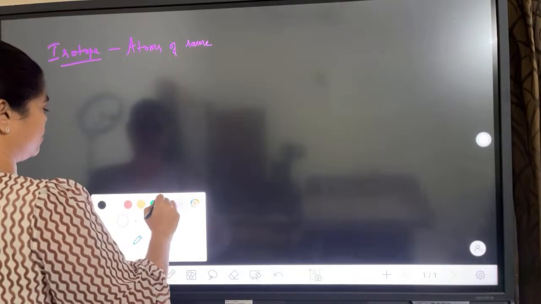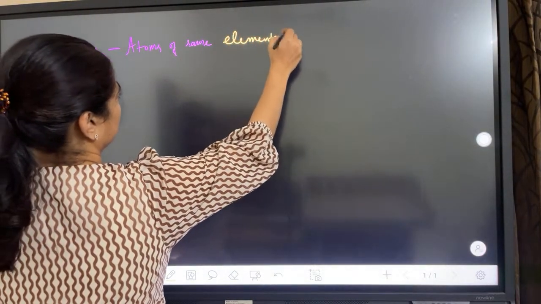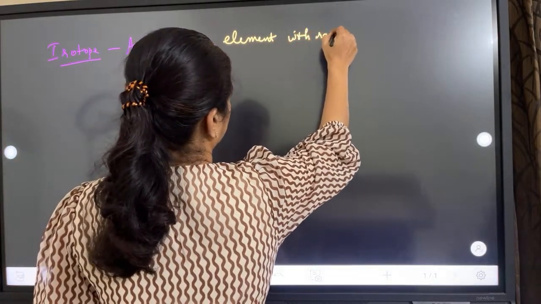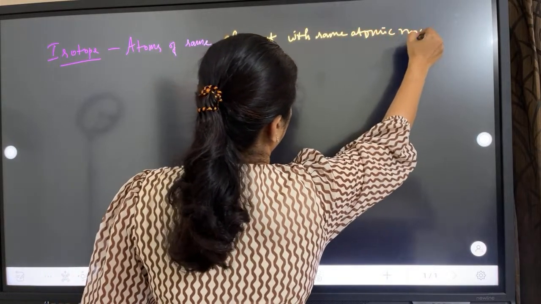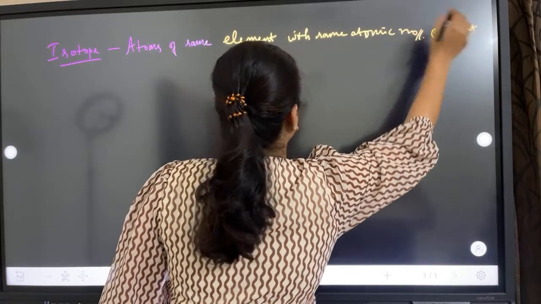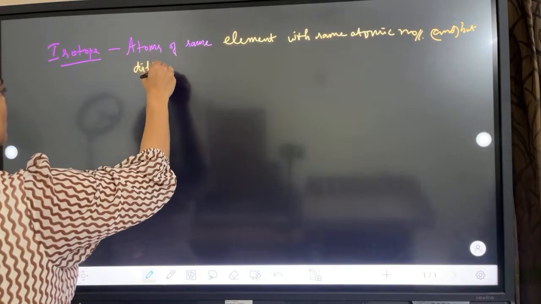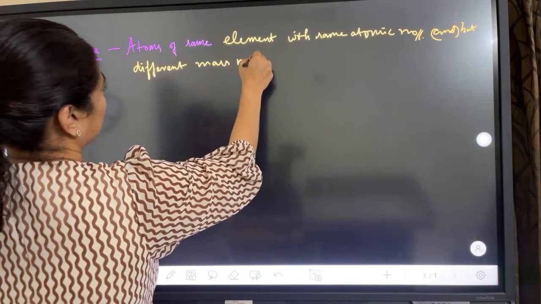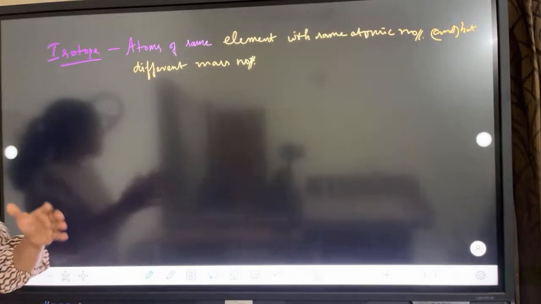So you must understand what an element is. Okay, understood? So these isotopes are found on Earth.